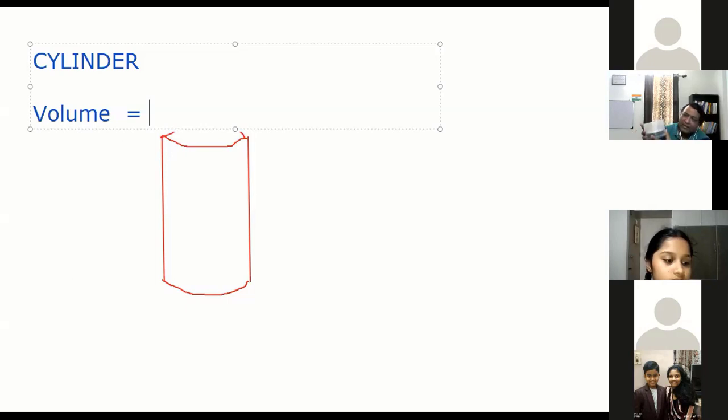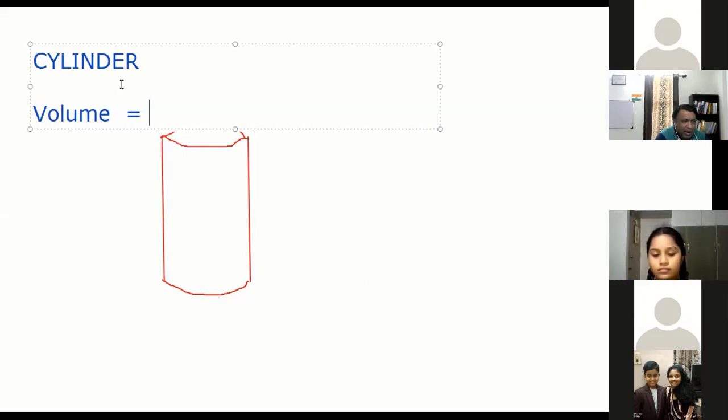Suppose the height of this cylinder is h, and I am taking a unit width for a disk. So how many disks do I require? h number of disks, right? One disk, two disks, three disks. It will fill the full space, so it will be the total volume.